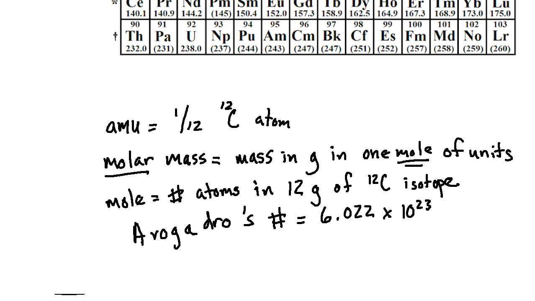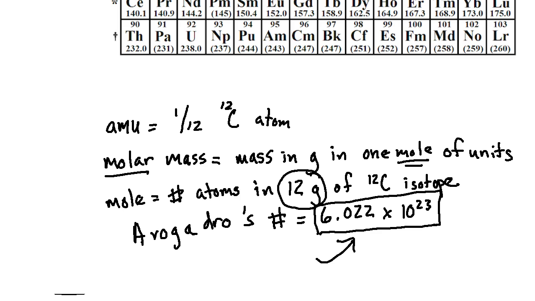All right. Now, some students get confused when we talk about the concept of a mole and Avogadro's number, because Avogadro's number is a set amount. So a mole is a set amount of material. A mole is always the number of atoms in 12 grams of carbon-12, and that turns out to be this number, Avogadro's number.